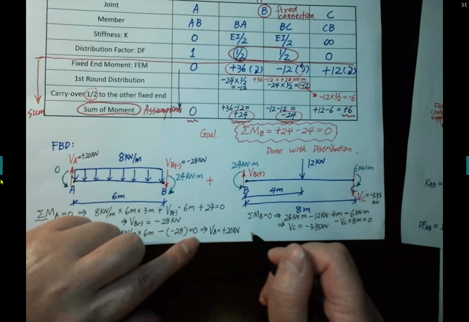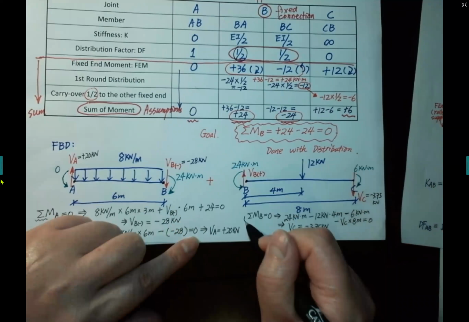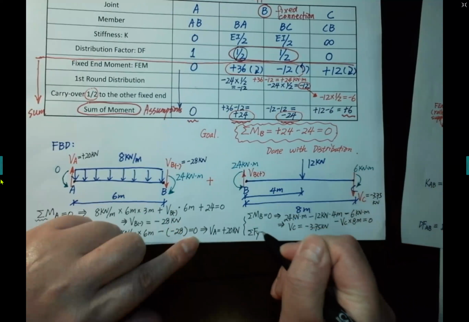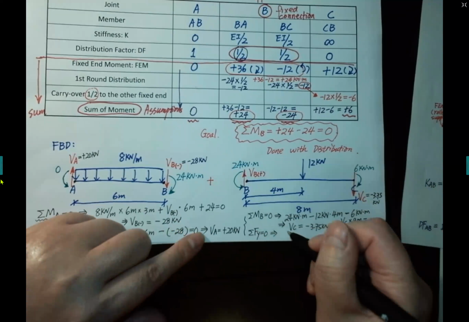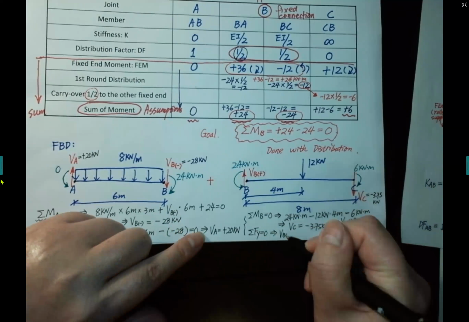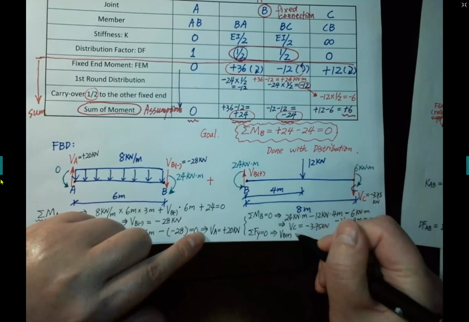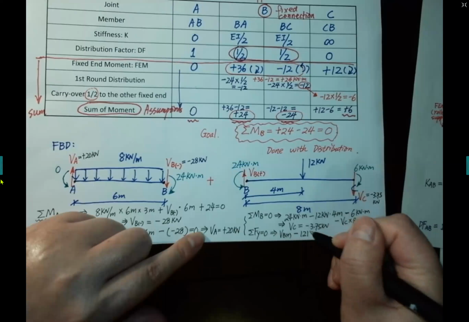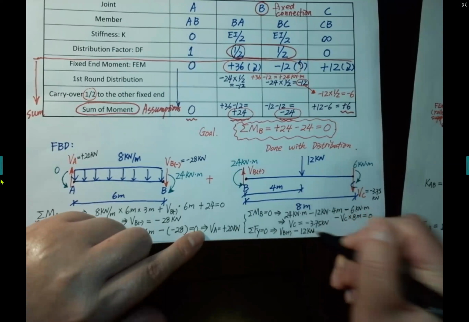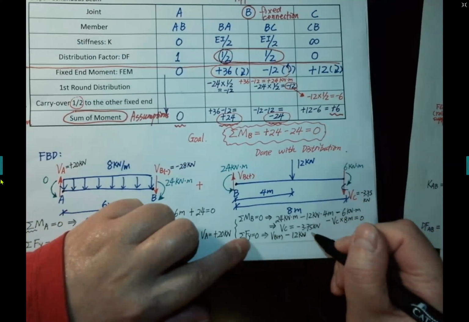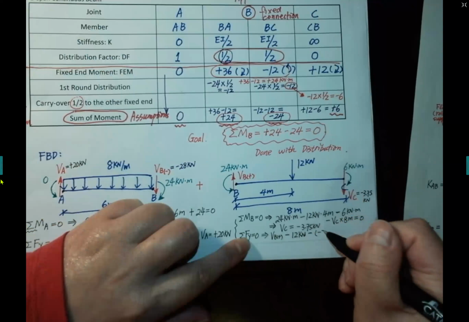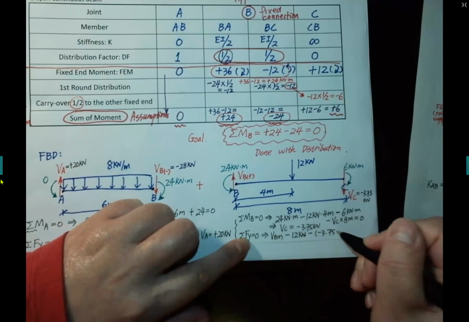Then I use the force in the y direction equal to 0 for member BC and get VB plus minus 12 kilonewton downward and minus negative 3.75, that's VC, equals 0.